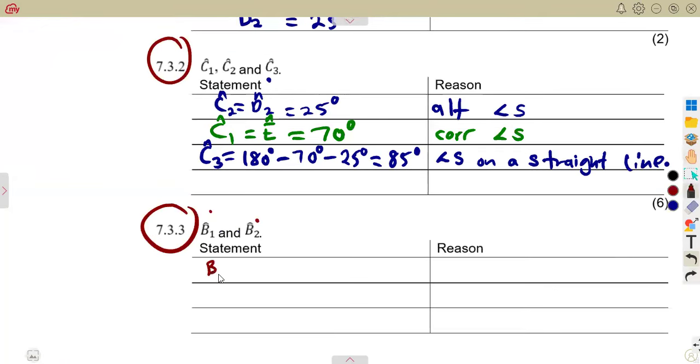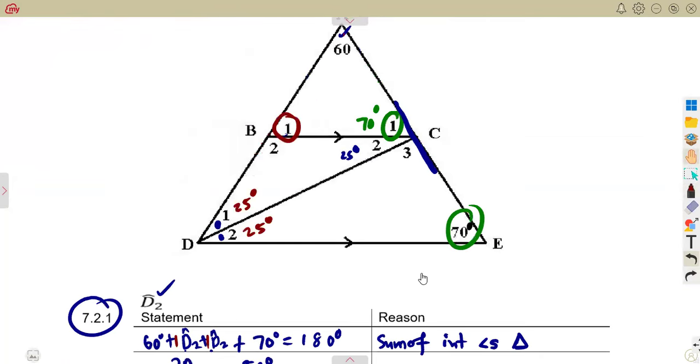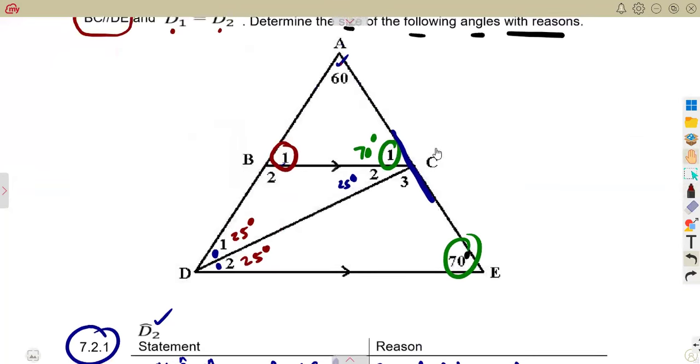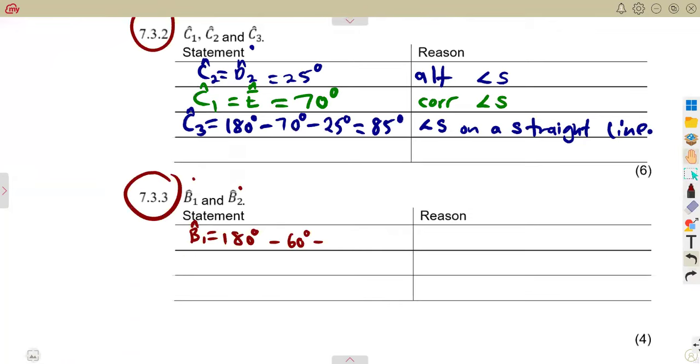So there we can simply obtain angle B1. From 180 degrees, we subtract the 60 and the 70 degrees because angles inside of a triangle. That was going to give us 50 degrees.